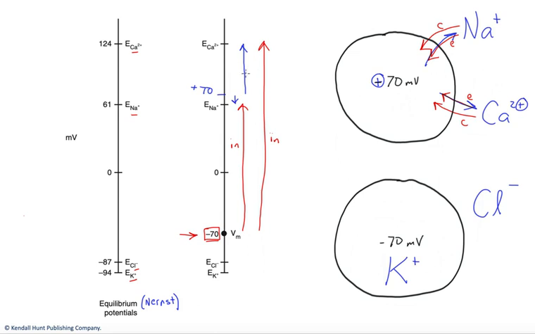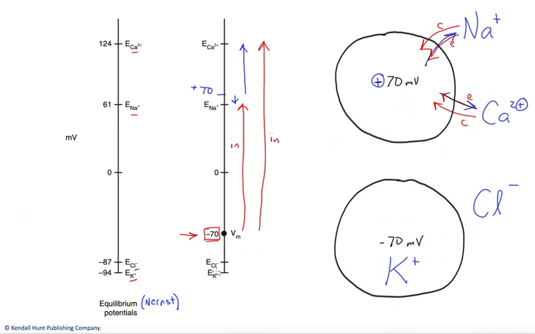It's going to tend to make us more positive by moving into the cell. Sodium, on the other hand, is going to drive us more negatively. If our membrane potential is 70, the positive ion would need to leave; sodium would now need to leave the cell to make it more negative. And so the electrochemical gradient is now outward. The electrical gradient actually dominates at that point.